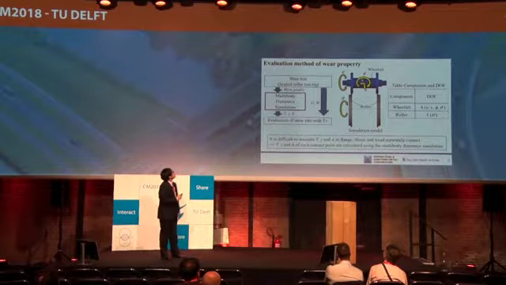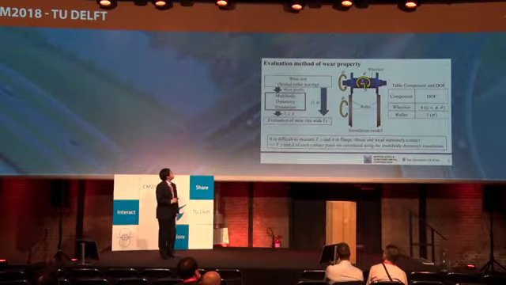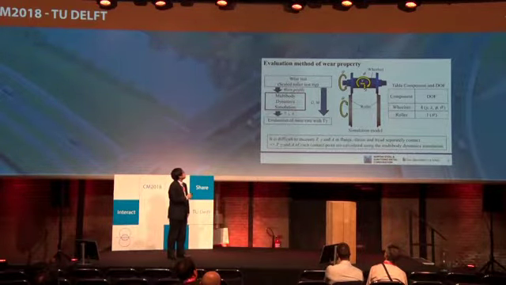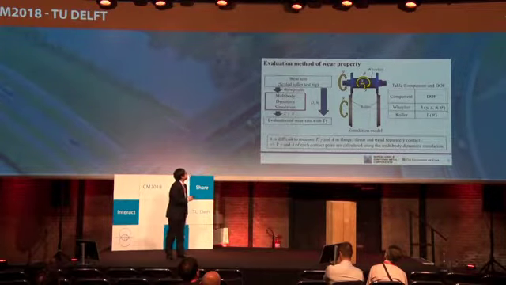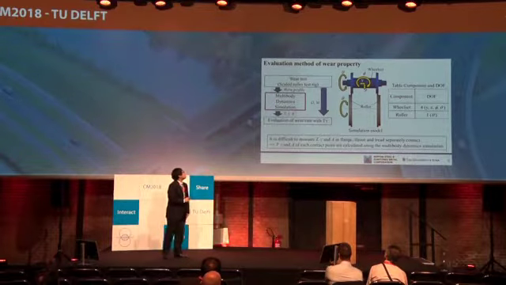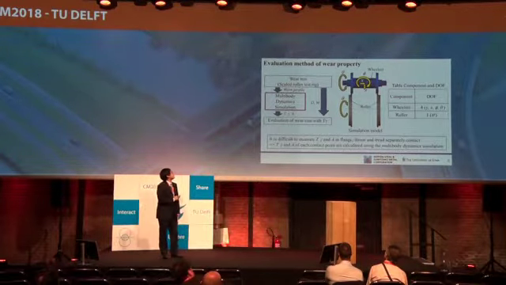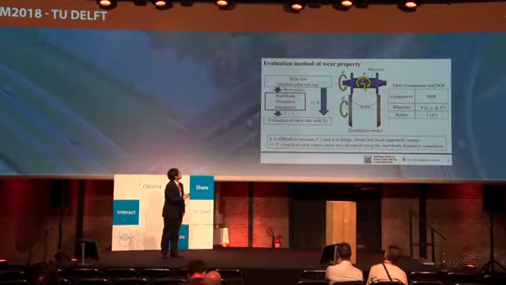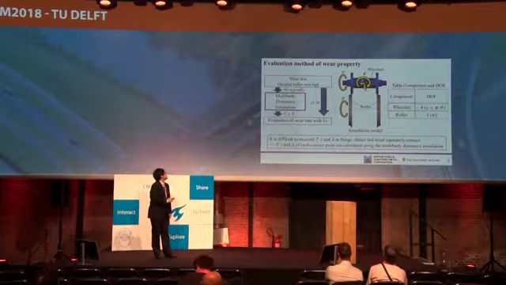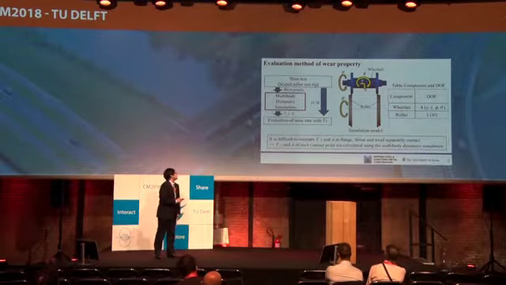And this slide shows the evaluation method of wear property. Usually, the parameters T gamma and A are obtained by the two-roller wear test, and the wear rate is evaluated with T gamma.